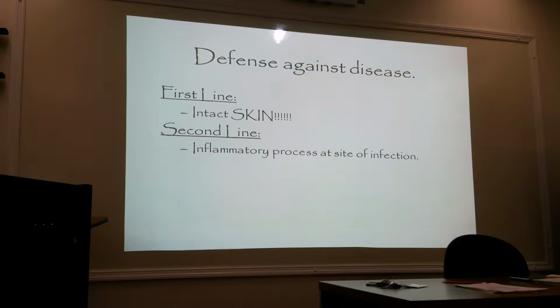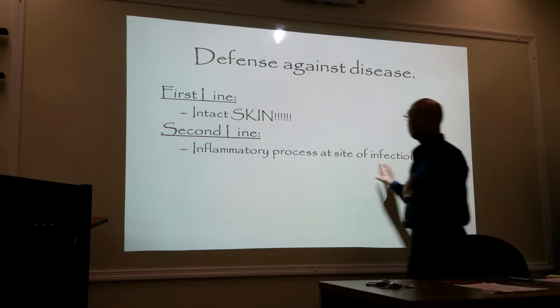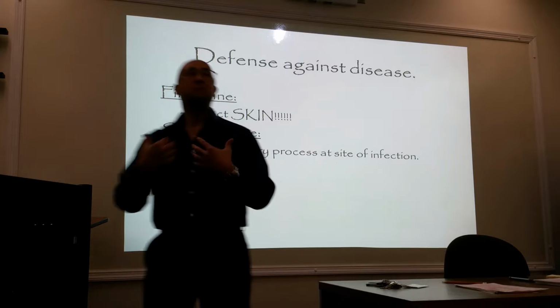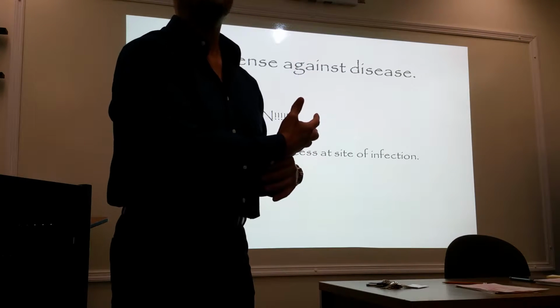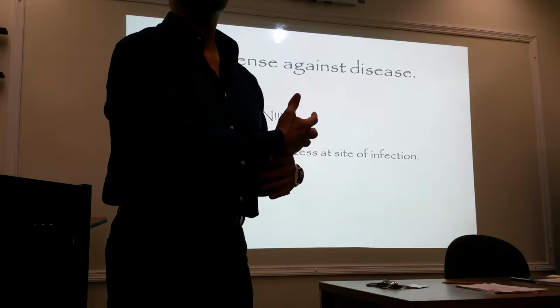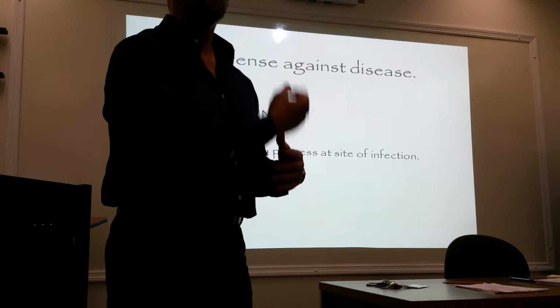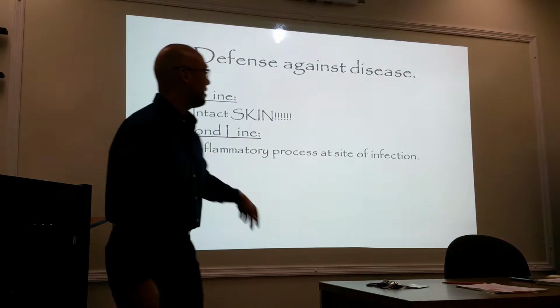They cause the inflammatory process and fight the infection. Anytime you have an injury, there's going to be a rush of blood supply to that site, carrying not only red blood cells but also white blood cells, which fight the infection.